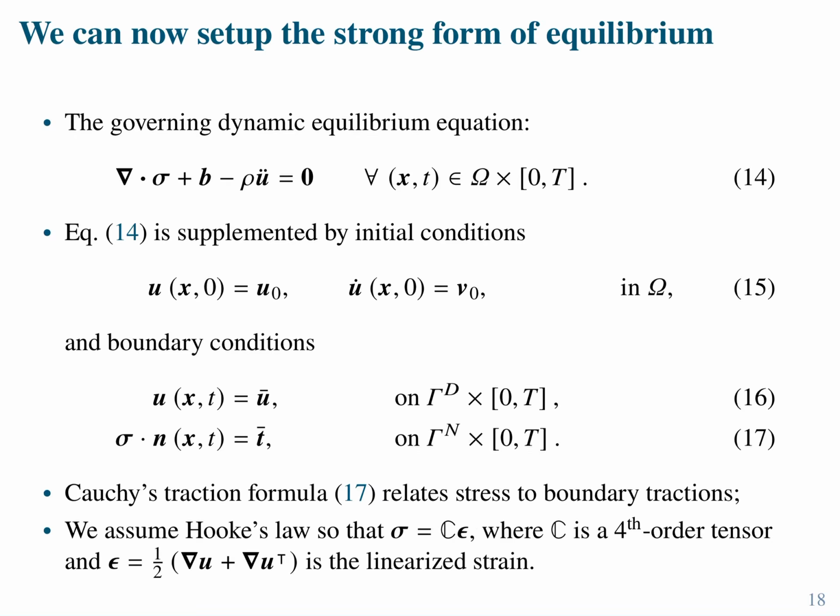And we're going to talk about C because we don't like fourth order tensors when we do computation. Because imagine, if I can represent a second order tensor like a matrix, do we like matrices when we do computation? Oh, we love matrices. Everything we do is matrix based, because we can nicely arrange elements in a matrix, we can index nicely, and we can slice nicely. But imagine a fourth order object.